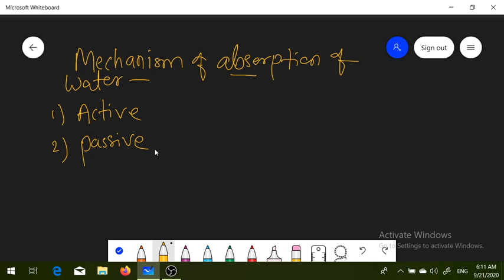Okay, this active absorption again shows two different types of theory. One is the osmotic absorption and the second is the non-osmotic absorption.